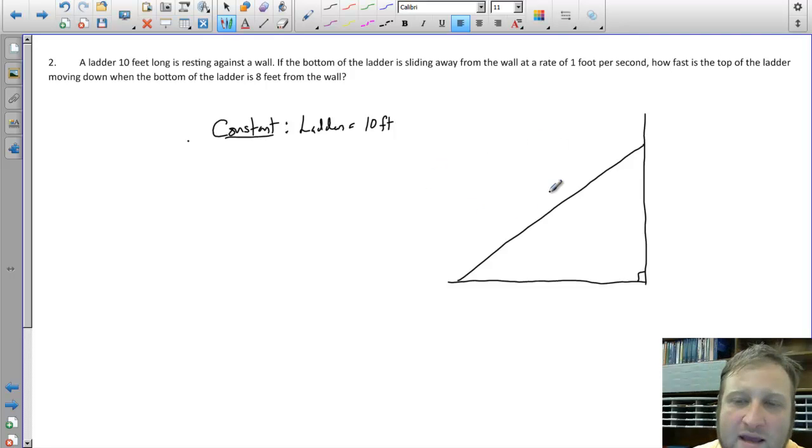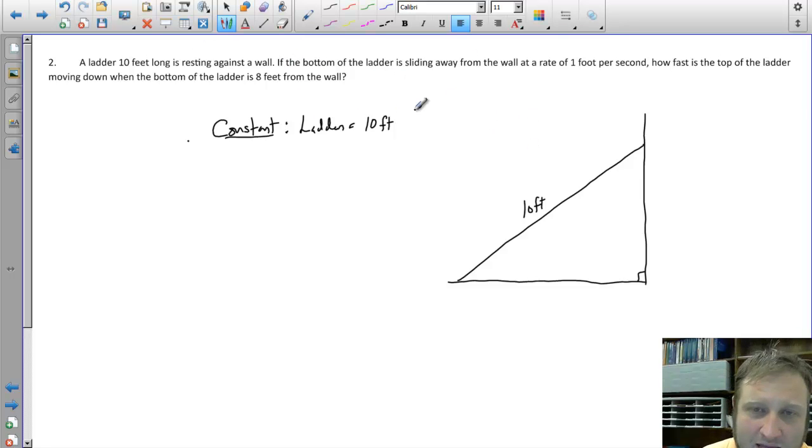So when I have a constant value, I often feel that it's safe for me to label that on the diagram itself. So I'm going to go ahead and say this is 10 feet. That's not changing. So my ladder is going to be constant.